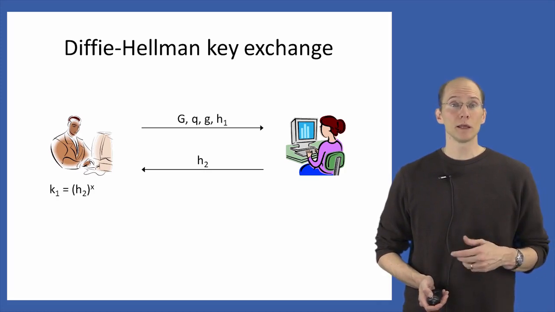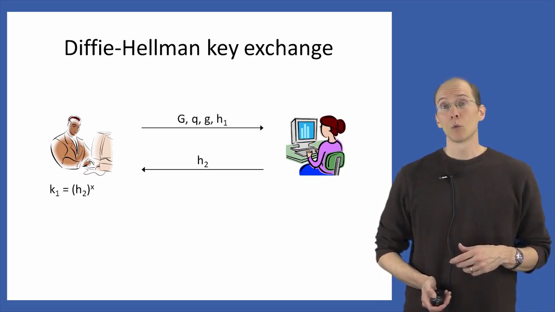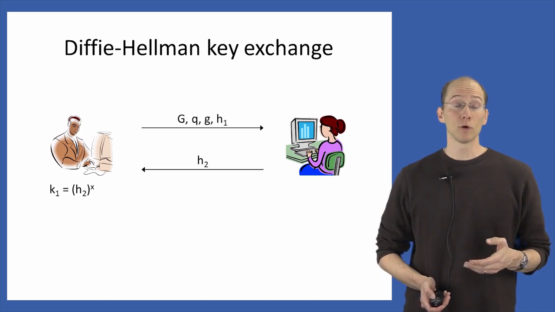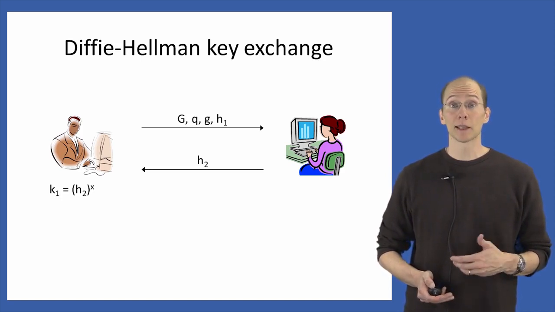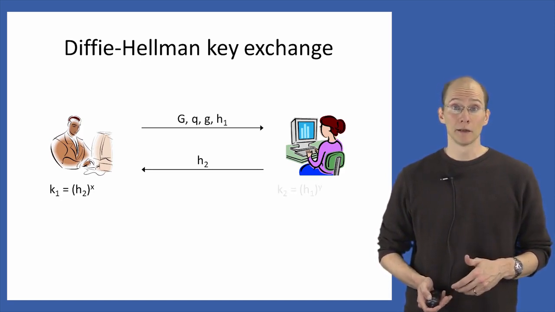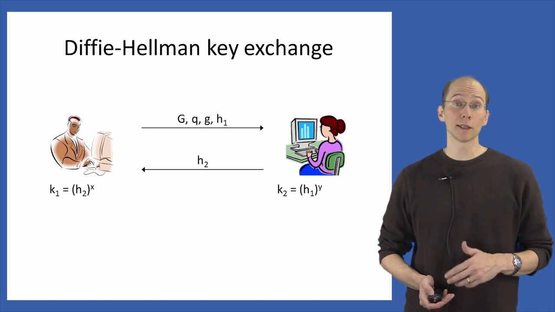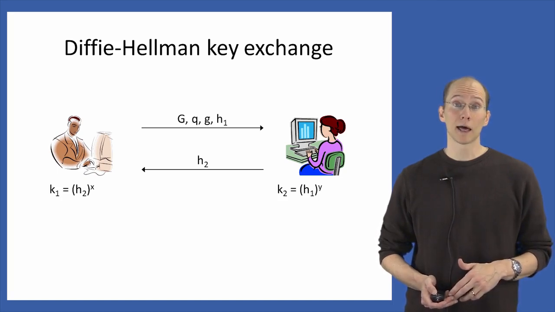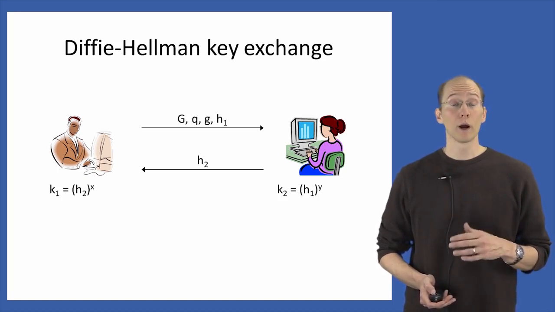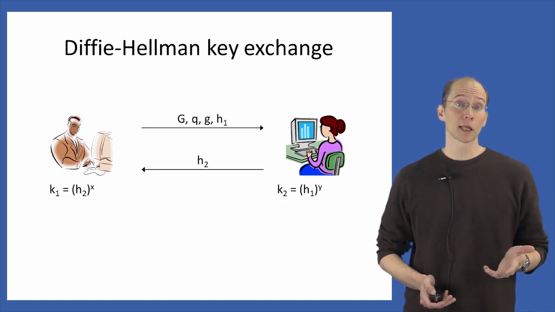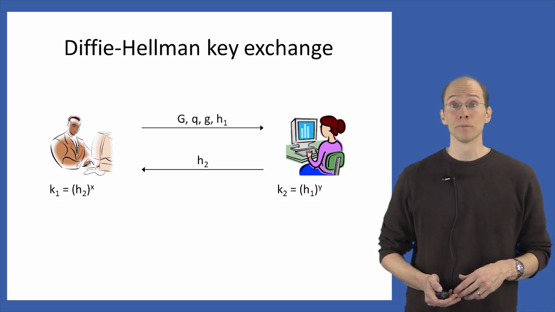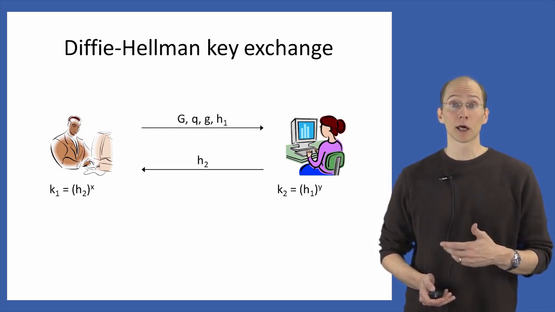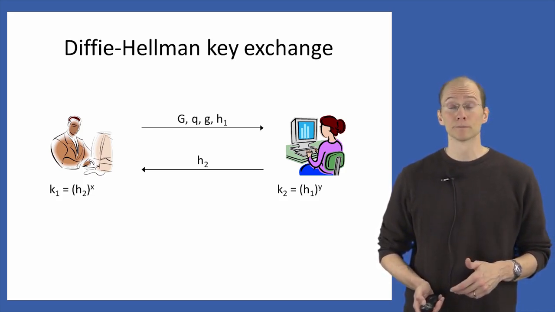To compute the keys, what the party on the left does is compute its own key k1 as h2 to the x. And the party on the right computes its own key k2 as h1 to the y, where x on the left was the secret exponent chosen by the party on the left, as we had on the slide a moment ago, and y is the secret exponent chosen by the party on the right.